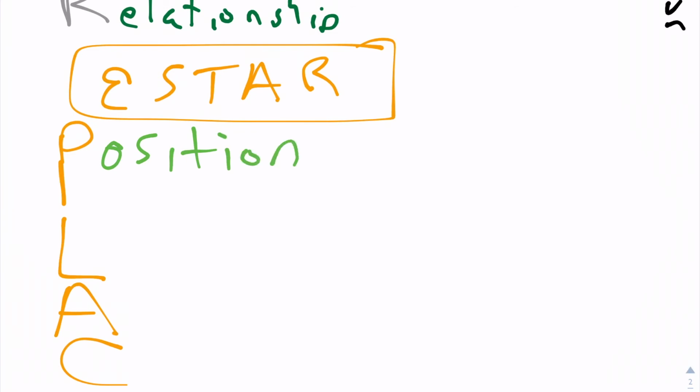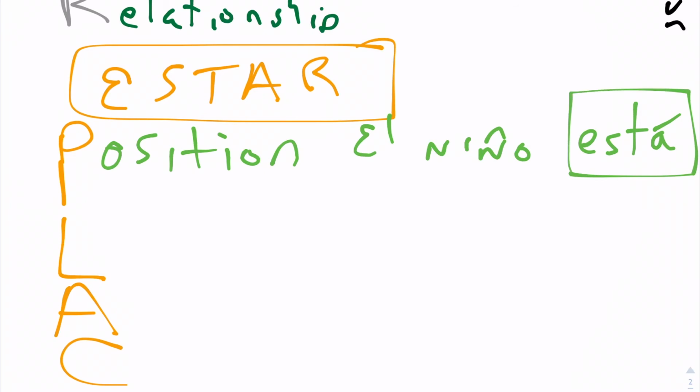You would say something like, el niño está sentado. For the L, it could talk about location.